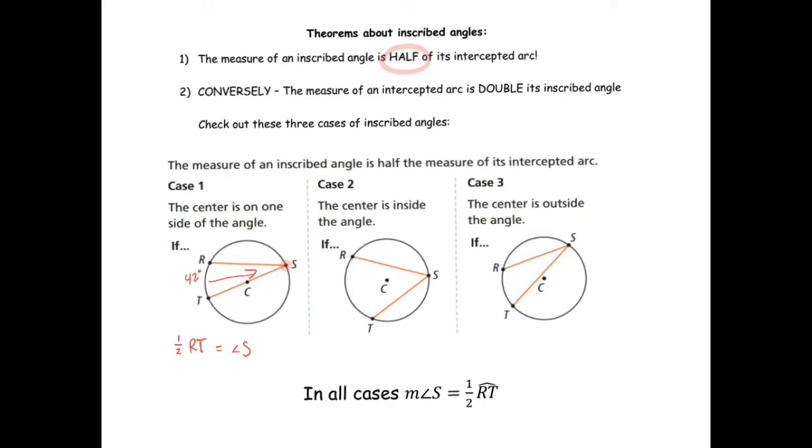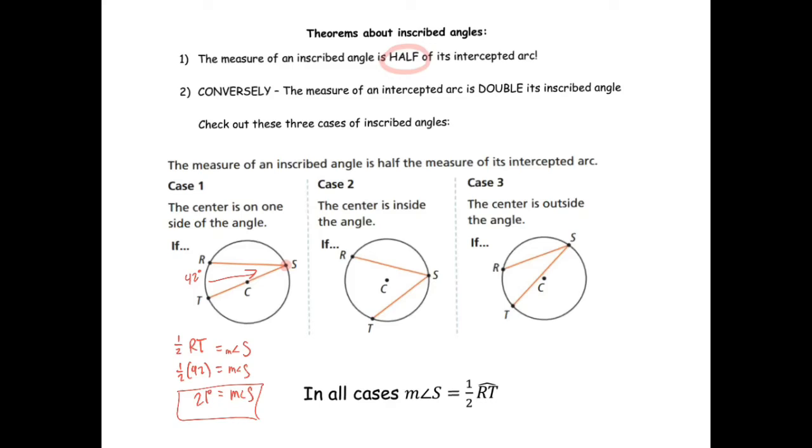If the arc is 42, because that's the number that I made up for you, then half of 42 equals the measure of angle S. So the measure of angle S must be 21 degrees, according to the numbers that I made up there. That's all you do in all 3 of these situations.